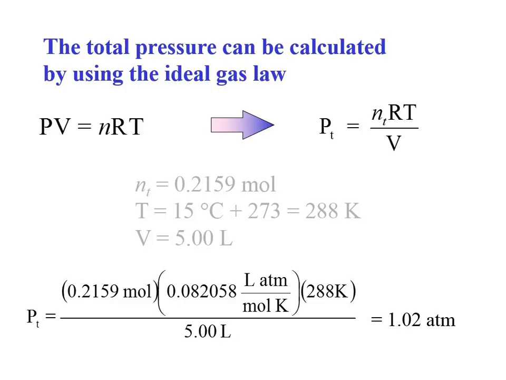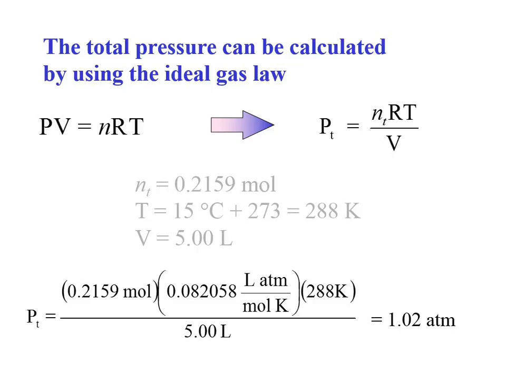Also in the numerator is R, 0.082058, and units of R are liters, atmospheres, per mole Kelvin. And then we also need to plug in our temperature, 288 Kelvin. In the denominator, we put our volume, which was 5.00 liters.